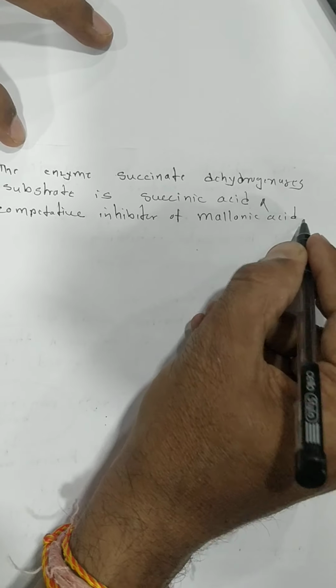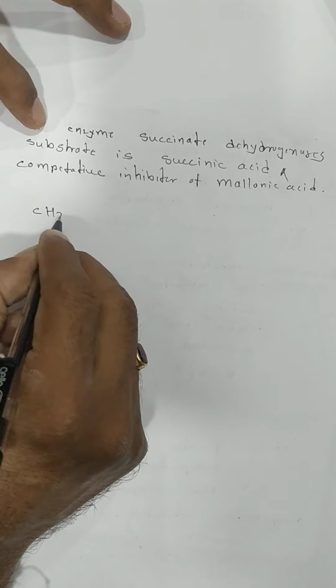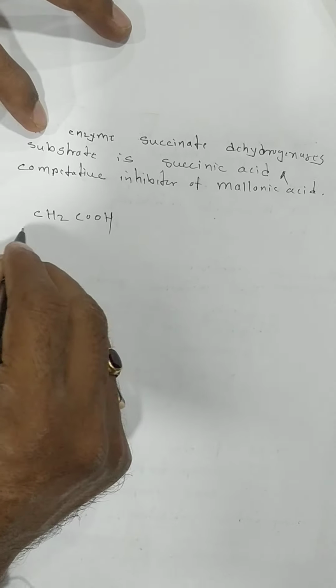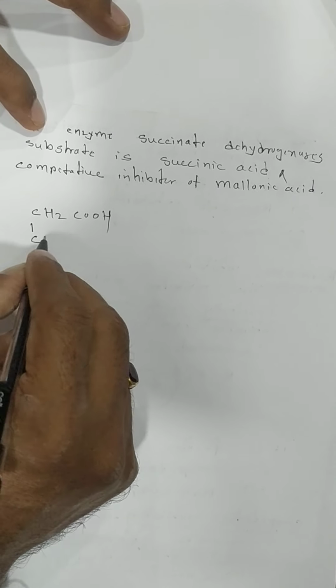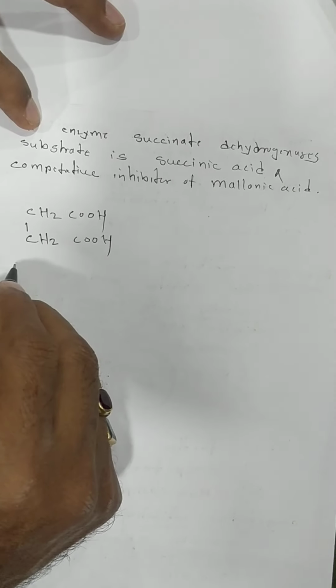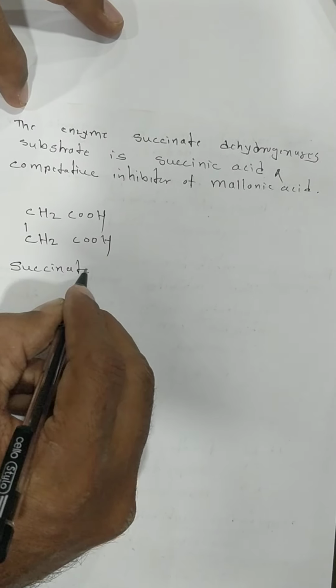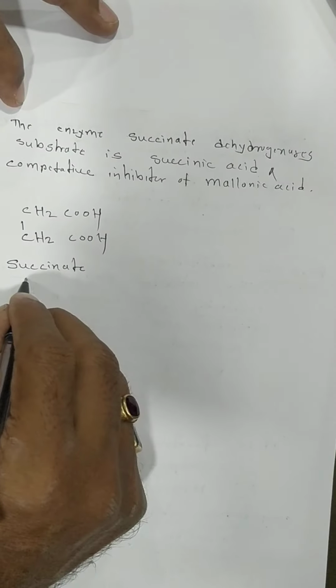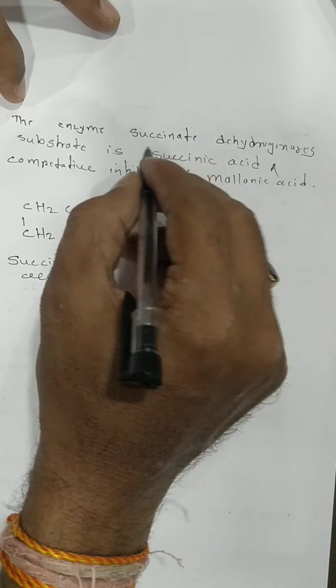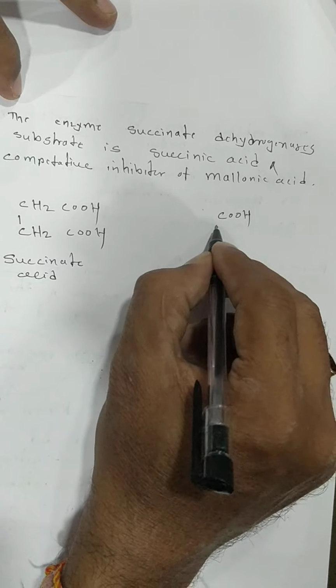Now you can see the structure, then you can understand. Now see the succinic acid structure, CH2COOH, that is succinic acid, and the malonic acid.